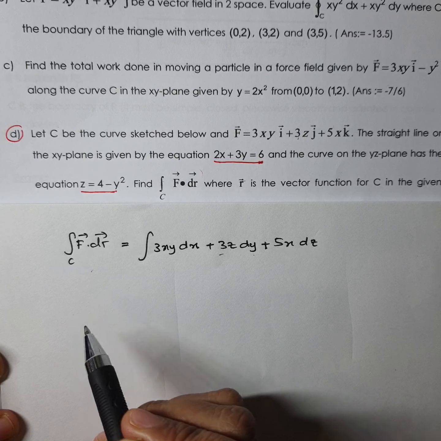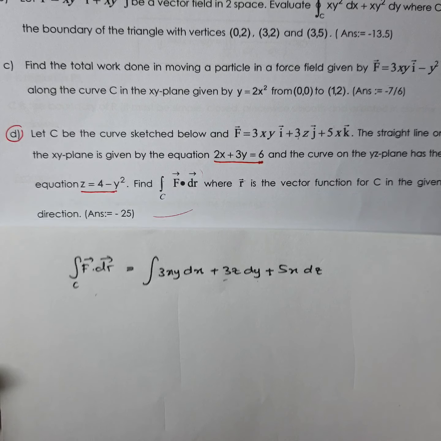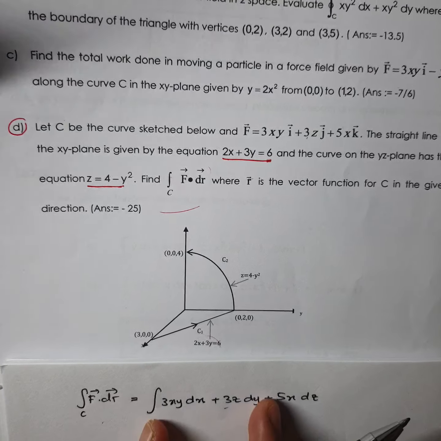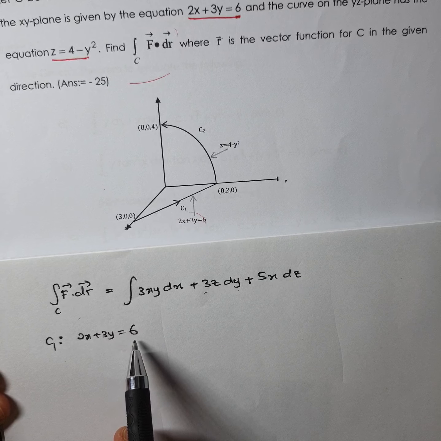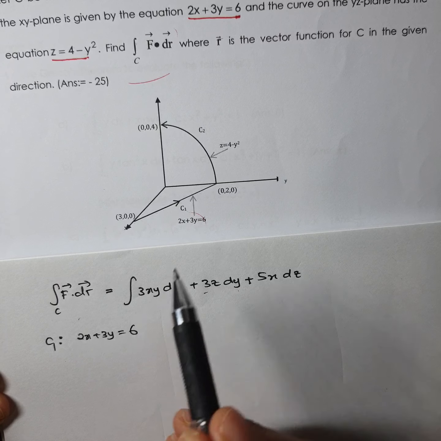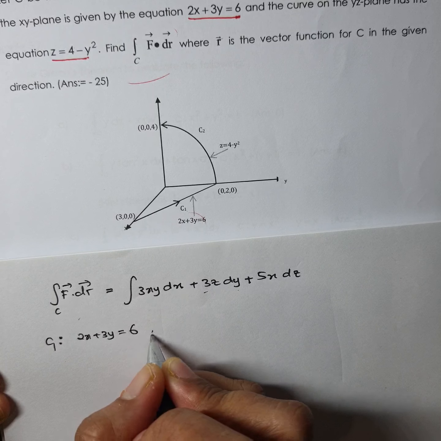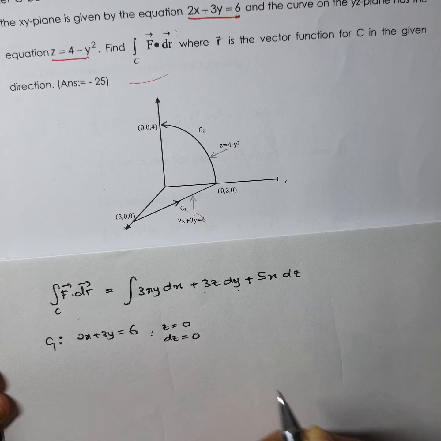Alright, so it will depend on the path now. So we look at the path C1. Okay, the path C1, you have this particular path. The path is 2x plus 3y equals 6. Right, so in this case, you can see that the path C1 here lies on the xy plane. So in this case, your z will be 0, your dz will also be 0.